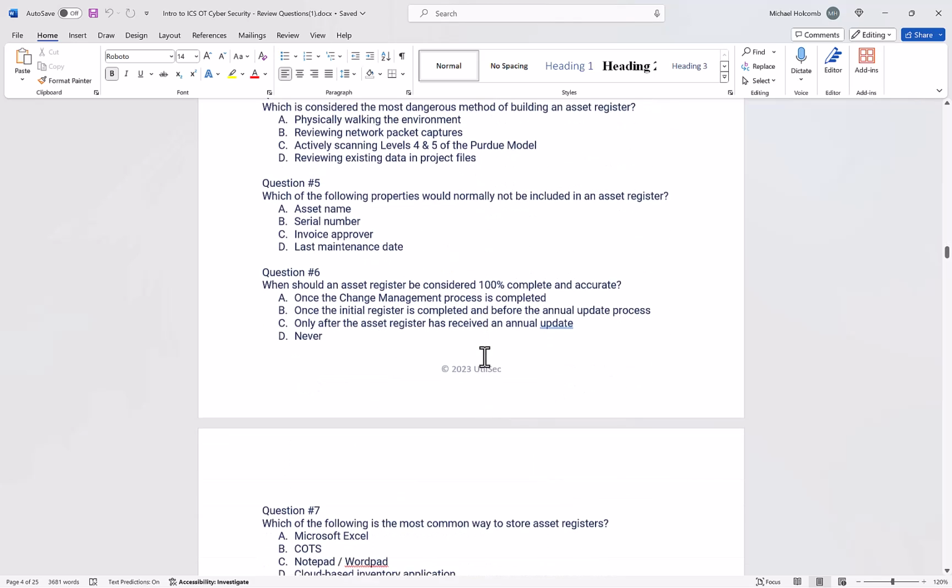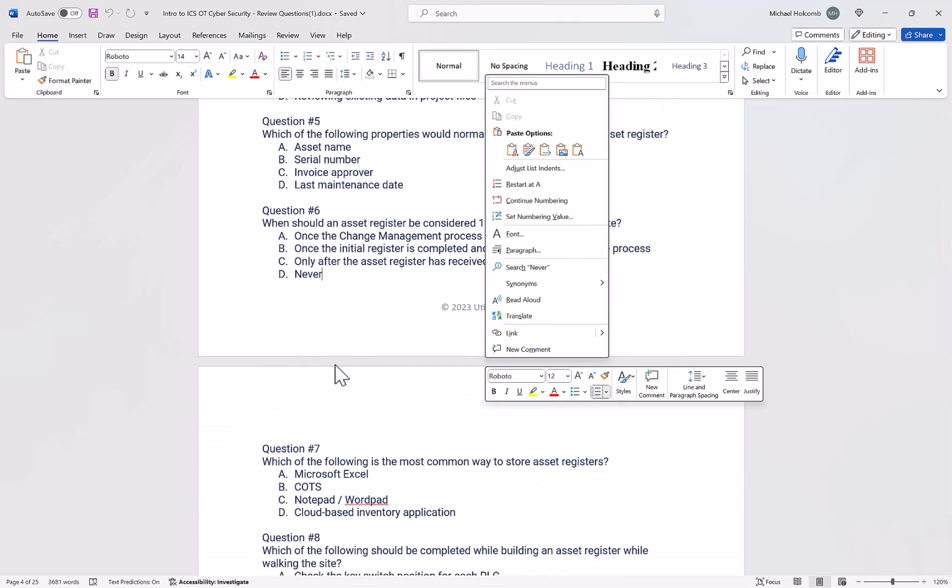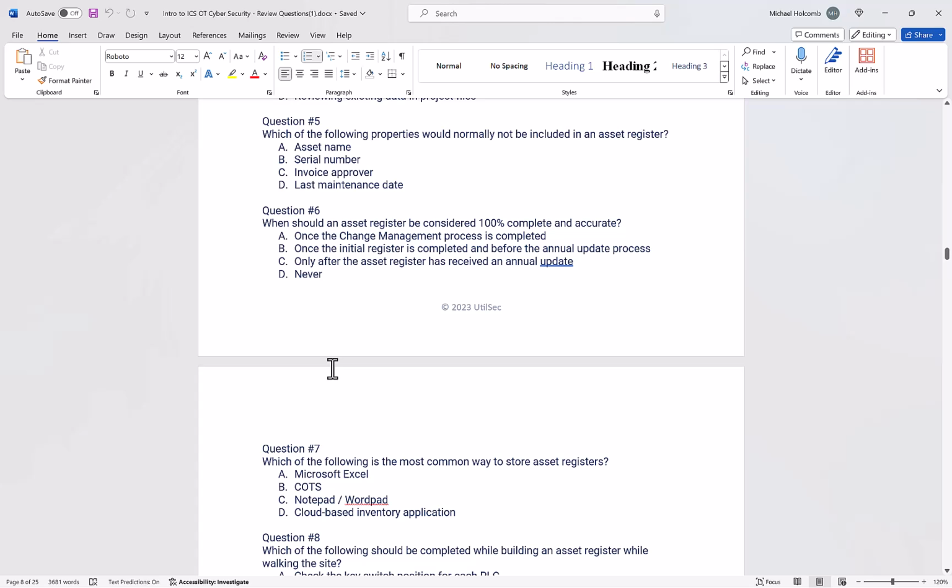Scroll down. Question 5, which of the following properties would normally not be included in an asset register? In this case, we would include the asset name, the serial number, the last maintenance date, among many other things. Usually you can have 10, 15, 20 different properties.